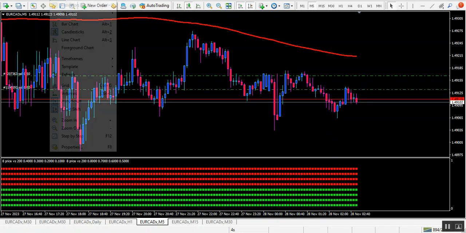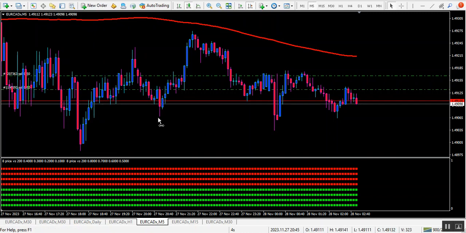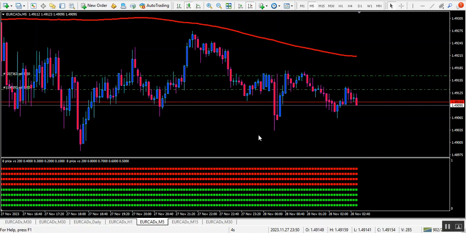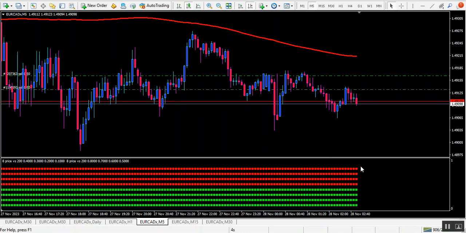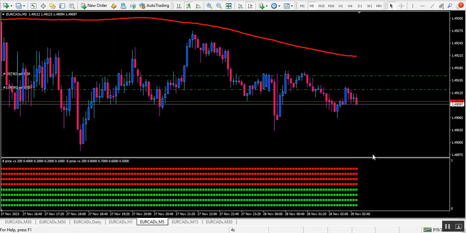Here, let's see here, charts. Auto scroll. Okay, here again, this is the price all the way back. So this bar, that bar, that bar, like that. You can just continue back.